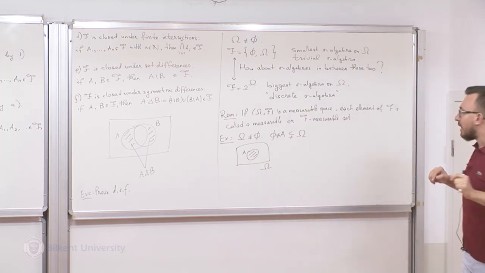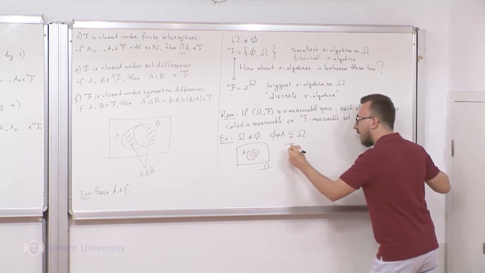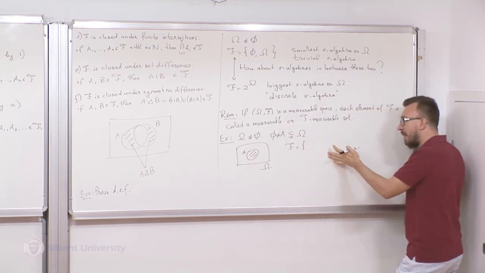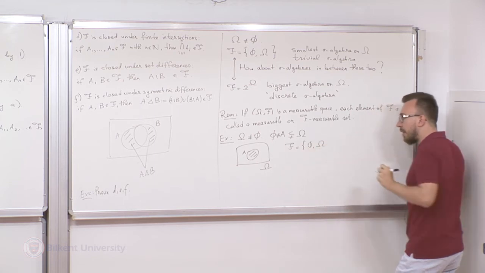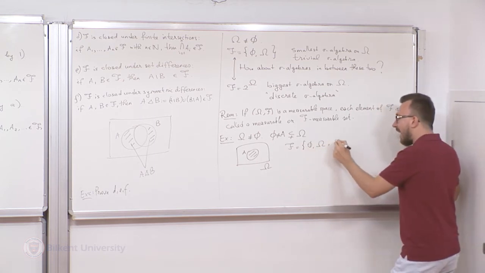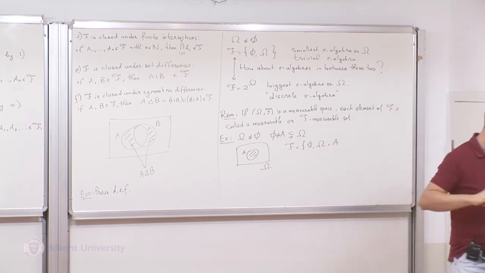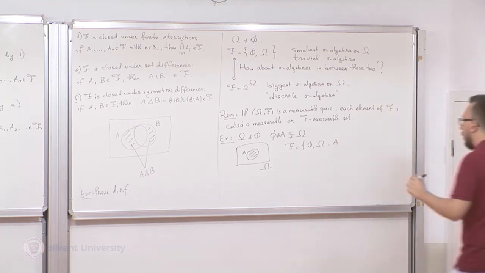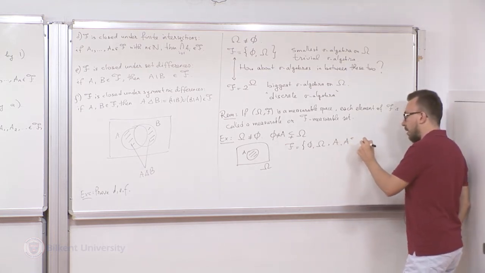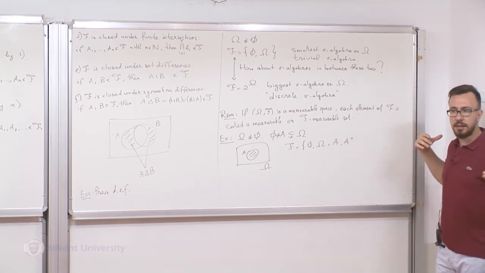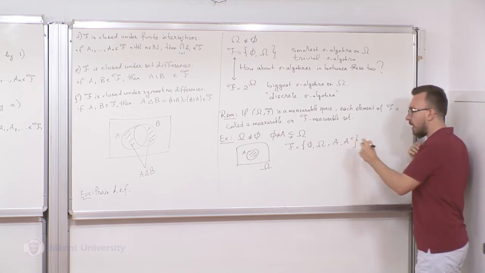Okay? Let's create a sigma algebra containing A. Well, since I'm trying to create a sigma algebra, for sure these two will be in it. So I just start with these two. Now I add A. What else should I add? A complement, for sure. And I can add many more sets, but let's say I stop here.